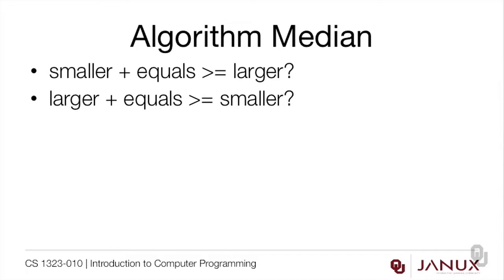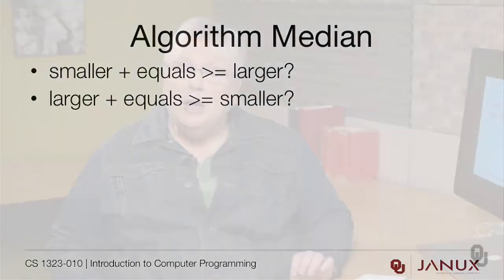We might think that the smaller plus equals has to be greater than or equal to larger, or maybe the larger plus equals has to be greater than or equal to smaller. But the problem here is that it doesn't handle the fact that we have to worry about how many values are in the array to make this work. What we need to have is that both sides of this are at least half.